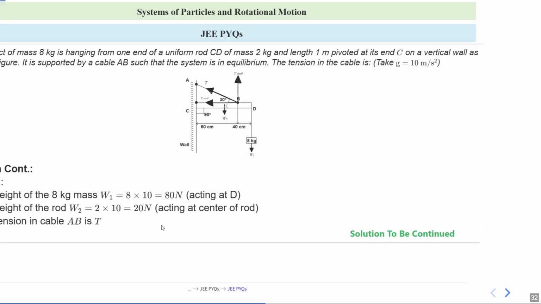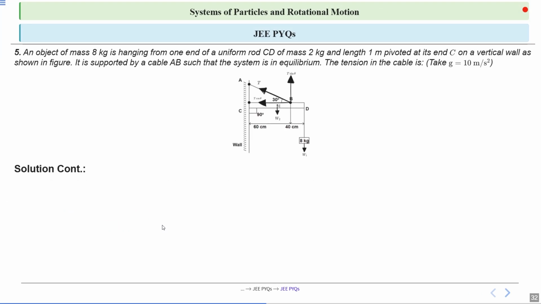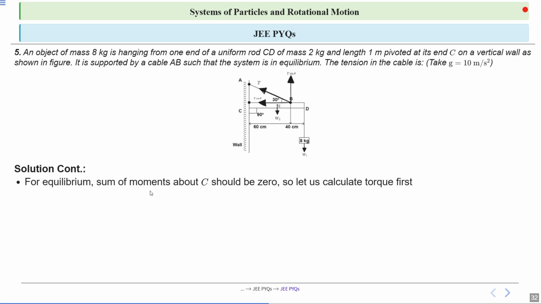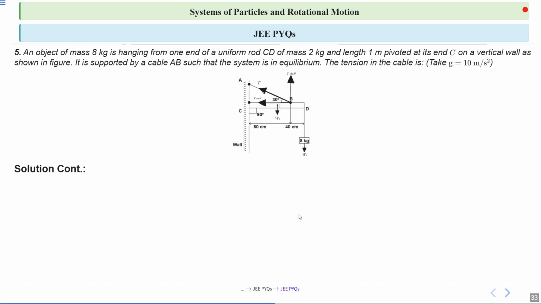Now, for equilibrium, the sum of moments about C should be 0. So let us calculate torque first. It will be R cross F. Now tau 1 equal to CD into W1.